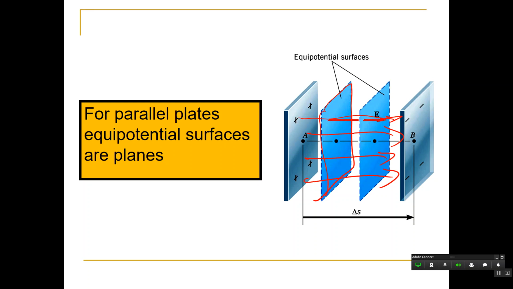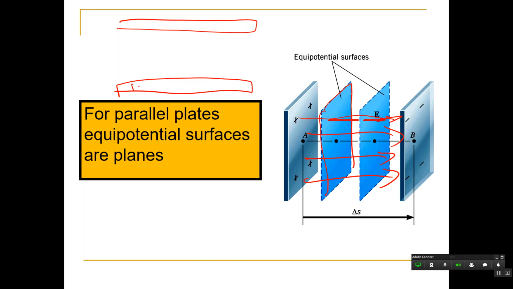So if I had two parallel plates, kind of like what we did in the last class, and I have a line here, then the voltage is the same everywhere along that line in between the two plates. So that would be an equipotential line.